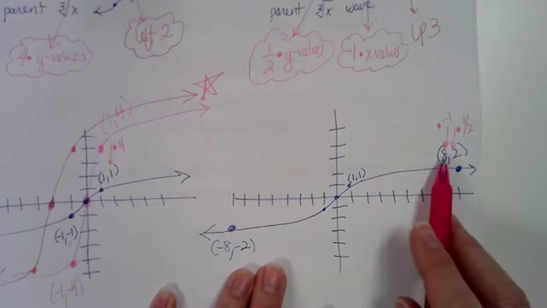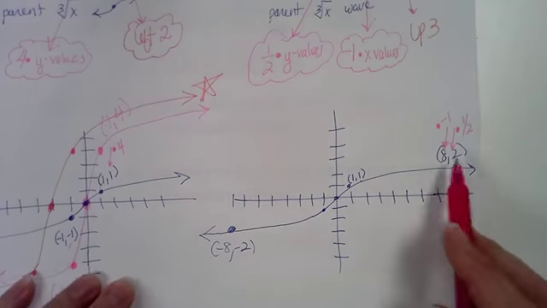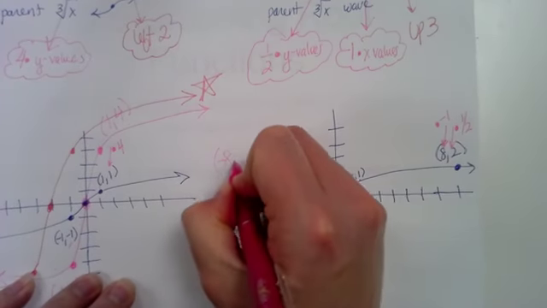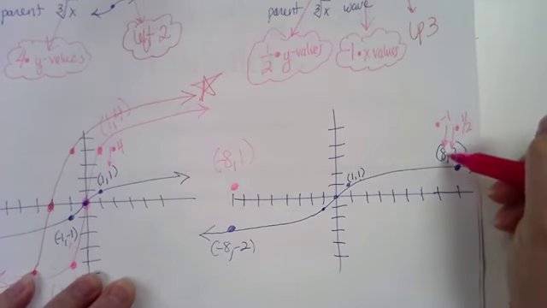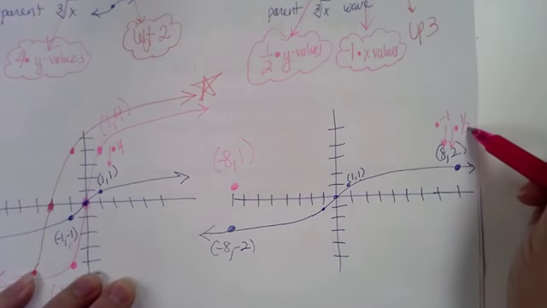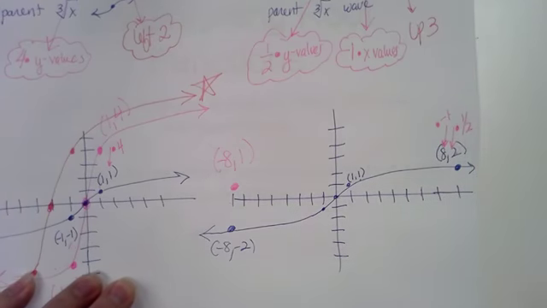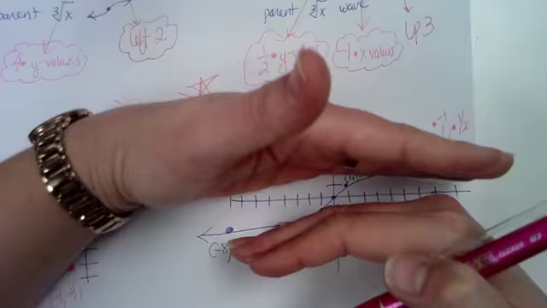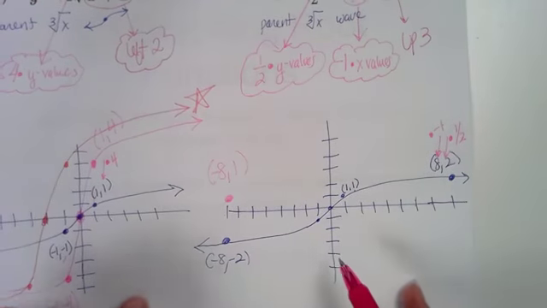Negative 8, 1. Good. Negative 8, 1 is right here. 8 times negative 1 is negative 8. 2 times 1/2, or half of 2, is 1. This is causing my graph to shrink vertically and flip over.